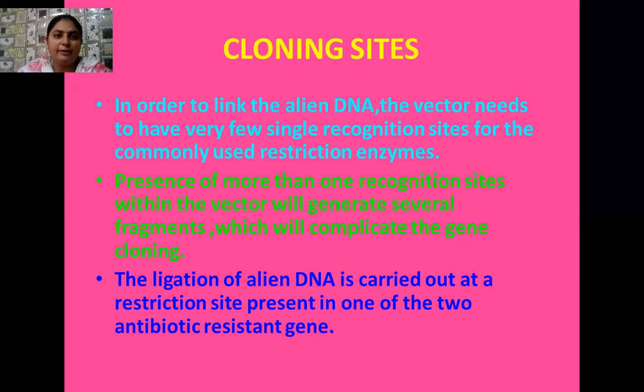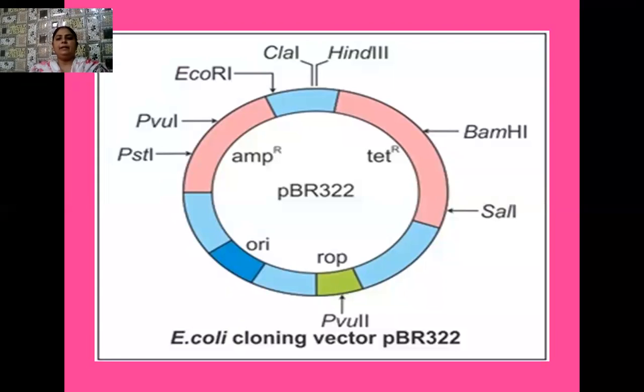So here, students, I want to give you one example. See the diagram here. We have one vector, that is pBR322, and so many sites are present on this vector. Here I am only talking about this BamHI site. This BamHI site is the site where a tetracycline resistance gene is present.